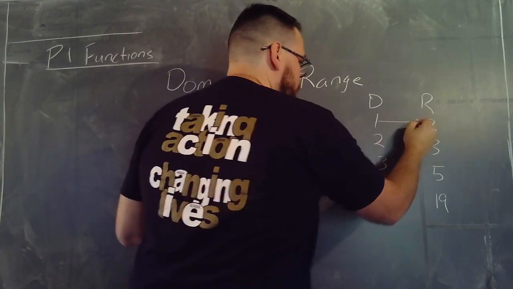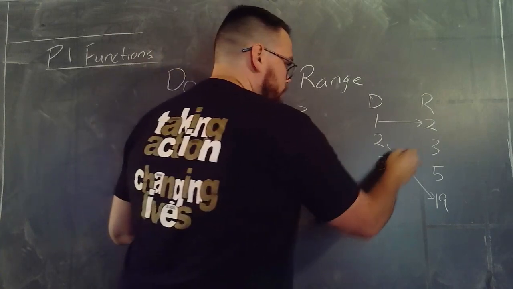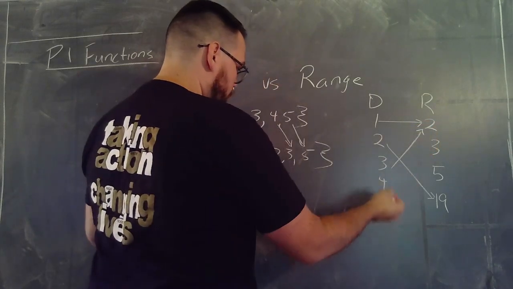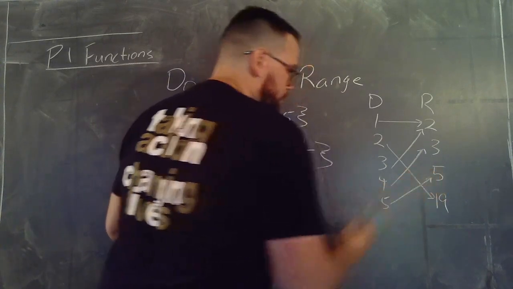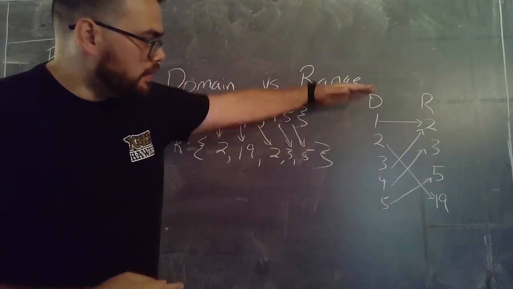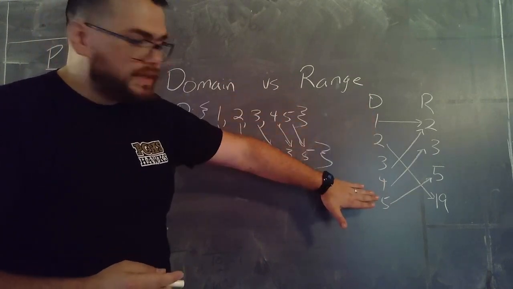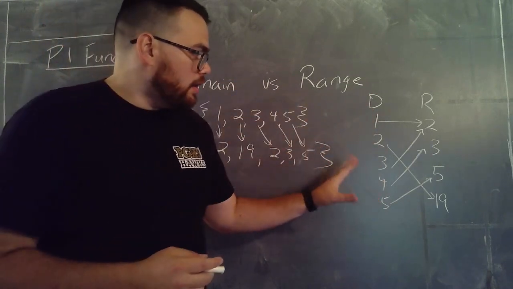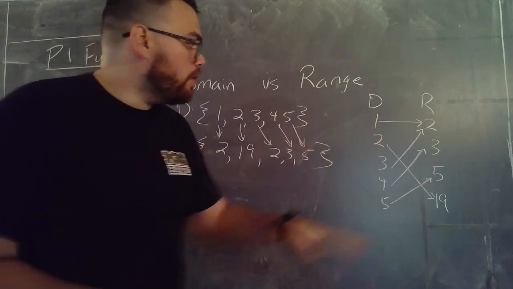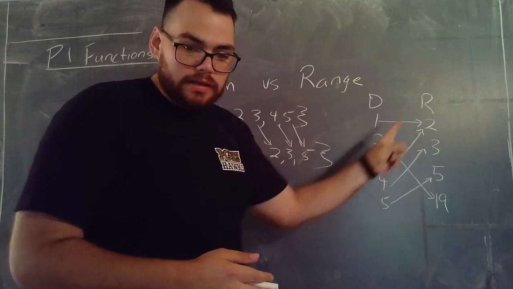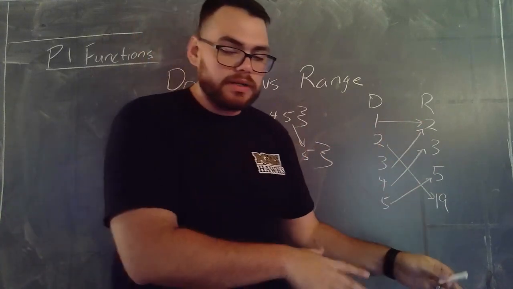So the 1 goes to the 2, the 2 goes to the 19, the 3 goes to the 2, the 4 goes to the 3, and the 5 goes to the 5. Now, on this side, this is what we're looking at to see if it's a function. Each one of these numbers only has 1 arrow going off of it. Now to see if it's one-to-one, we actually look on this side and see that, oh, this number has 2 arrows going to it. It's not one-to-one, but it's still a function.